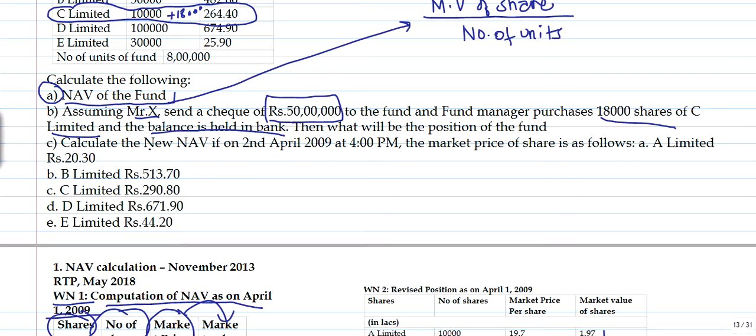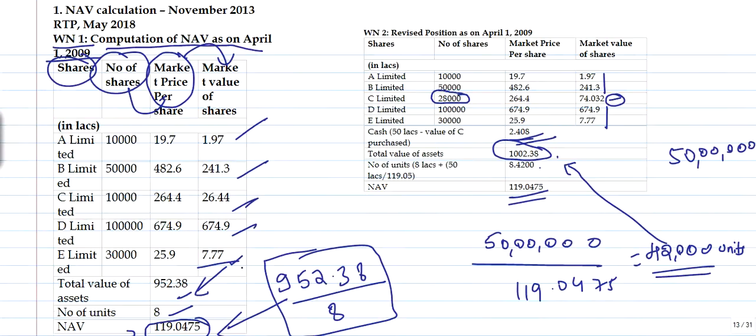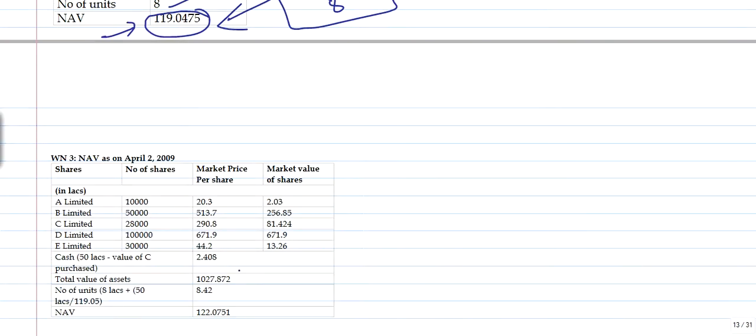Next question. Calculate the new NAV if on 2nd April 2009 at 4 p.m. the market price of shares is as follows. Same thing, same format, we have to enter the new market price.